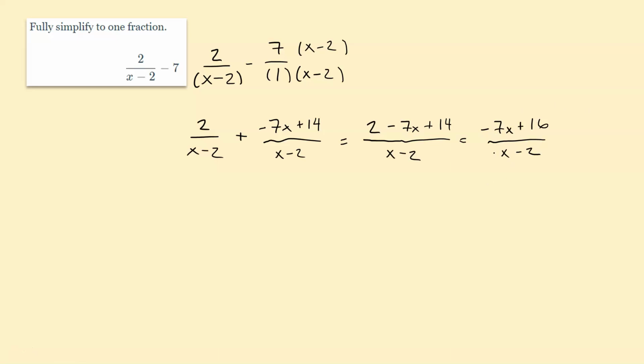Again, some people will maybe make this mistake of trying to cancel these x's, but remember these x's here are not attached by multiplication. This top x is attached by addition and this is attached by subtraction, so we can't cancel these because they're not being multiplied. And then same thing, someone might try to cancel the 16 and the negative 2.